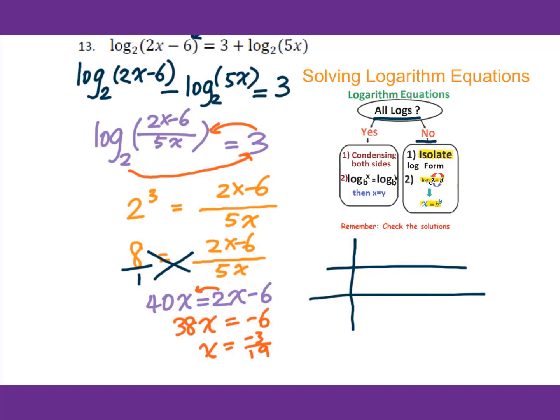We have two arguments, that's 2x minus 6 and 5x. Then we plug in negative 3 over 19. We know this will be negative. Therefore, no solution for this equation. The solution will be the empty set.